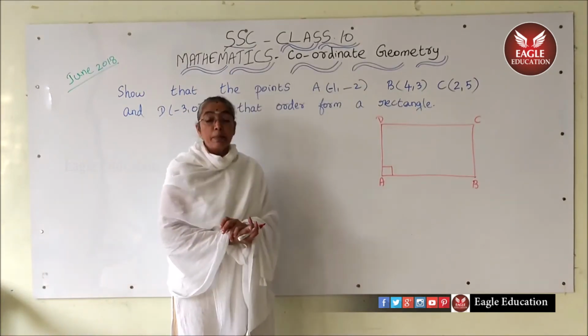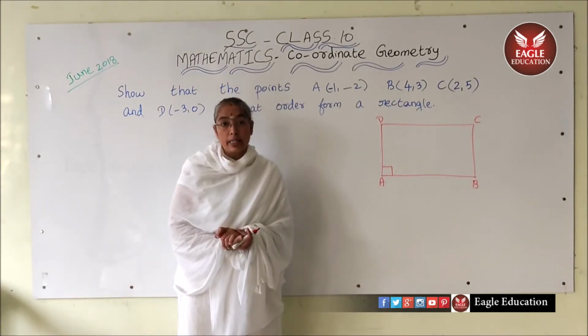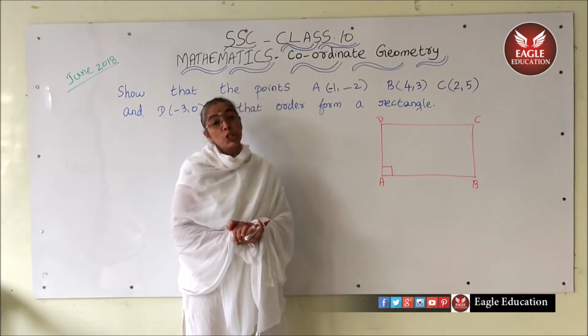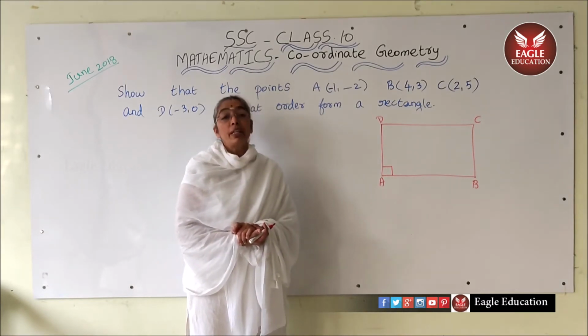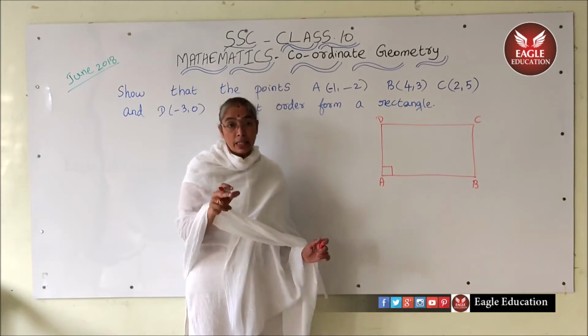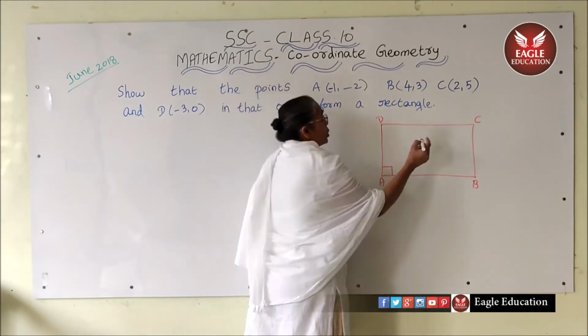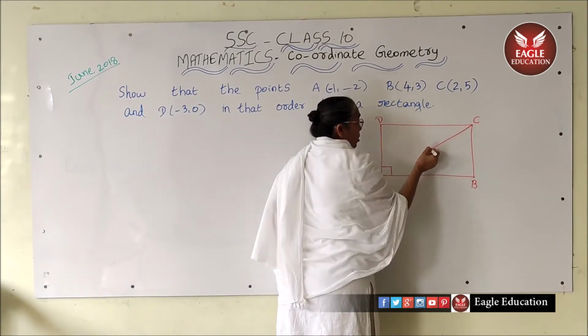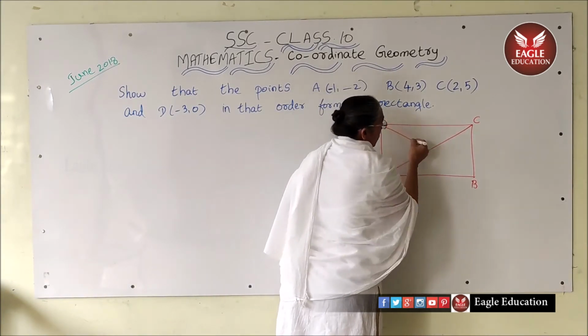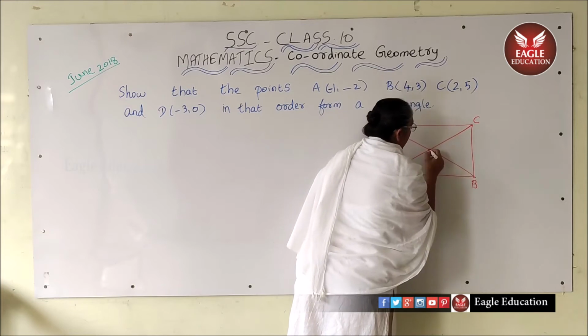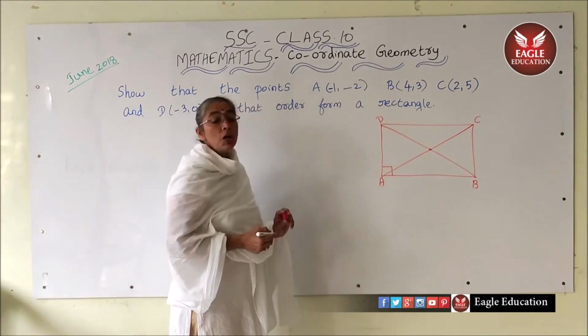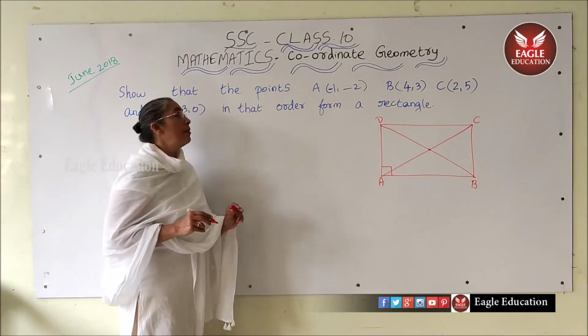If diagonals bisect each other in any quadrilateral, then that quadrilateral is a parallelogram, but if we prove the diagonals are also equal in length, then it is a rectangle. So here it is better we use those two conditions. We prove that diagonals bisect each other and also the lengths of the diagonals are equal.